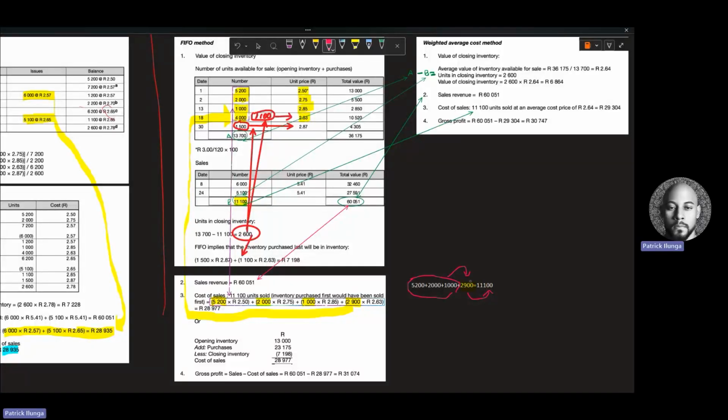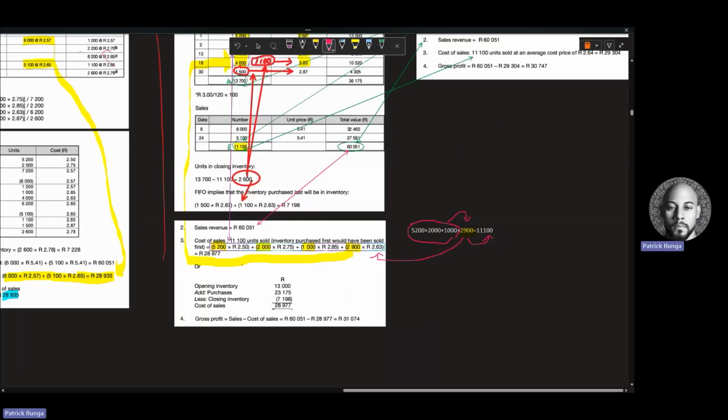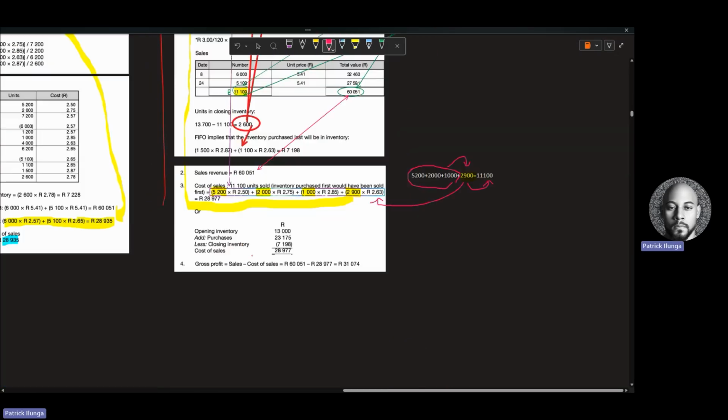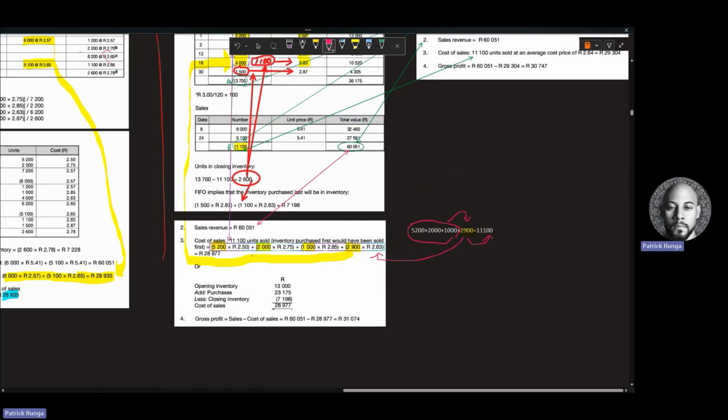Where is this going to come from and at what rate? Obviously, it's going to come from the 4,000 here, and it will have this rate. That's what you see here. I trust that that's super clear. So that's how you calculate the cost of sales using the FIFO method in the periodic system.